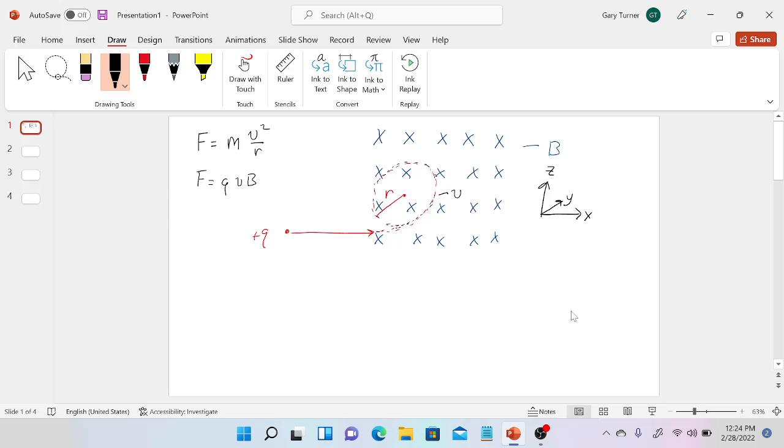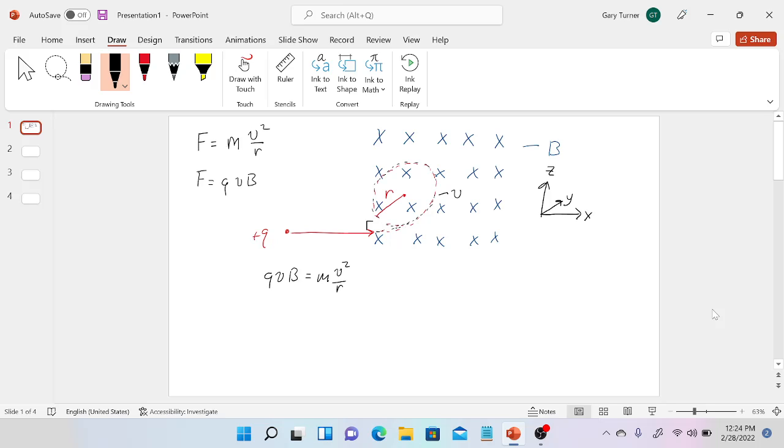As a result, when the magnetic field and the velocity are perpendicular, QVB, the magnetic force, is causing the centripetal force.